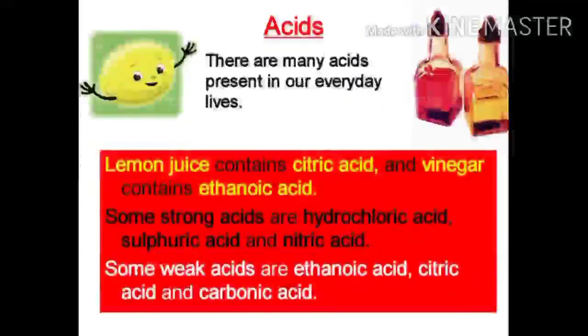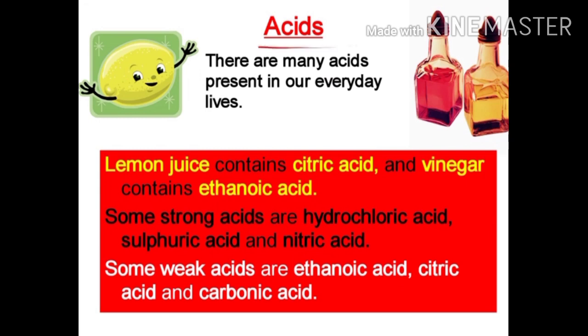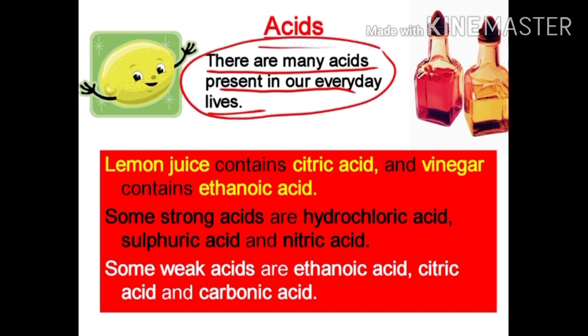But where do we use acids in daily life? As I told you, there are many acids present in our everyday lives. Lemon juice contains citric acid. Vinegar contains ethanoic acid. Some strong acids are hydrochloric acid, sulfuric acid and nitric acid.